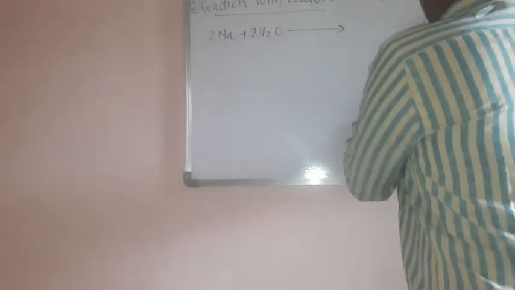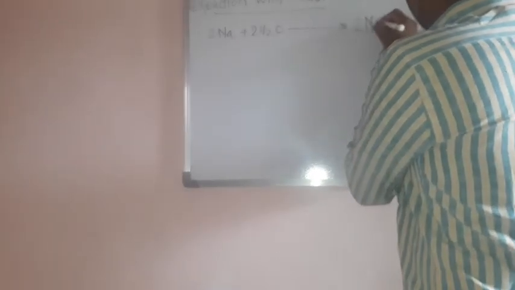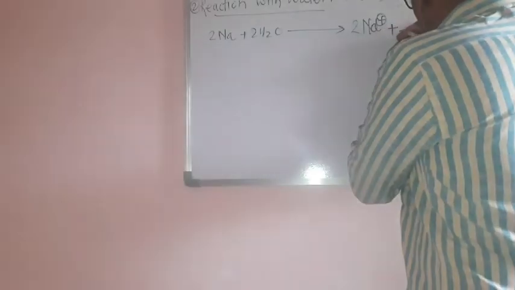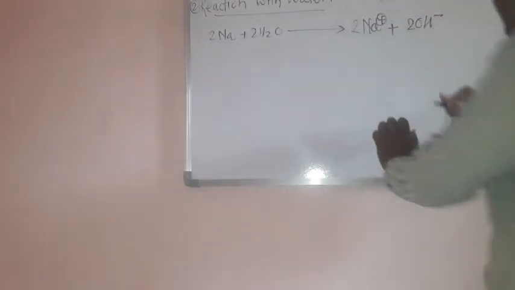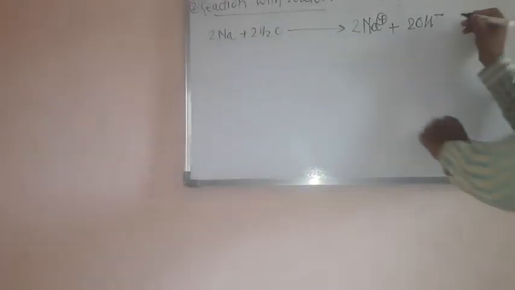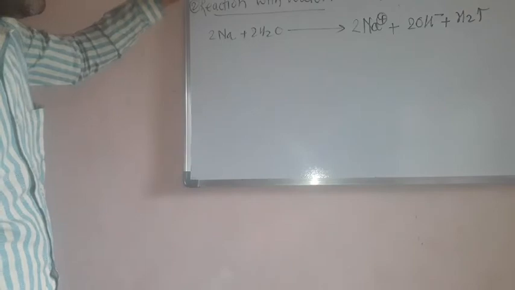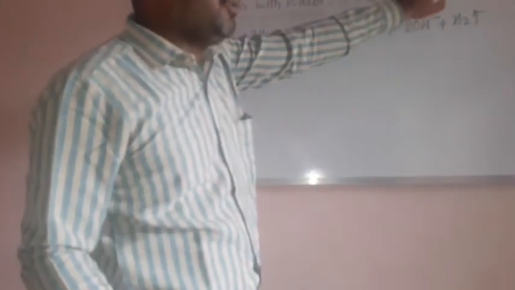It gets converted to two positive ions of sodium, Na plus, and two OH minus ions, along with the evolution of hydrogen gas.